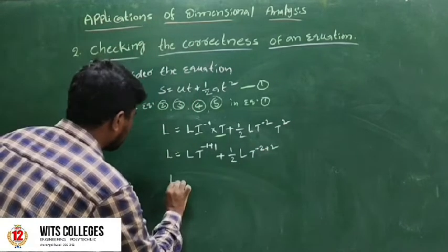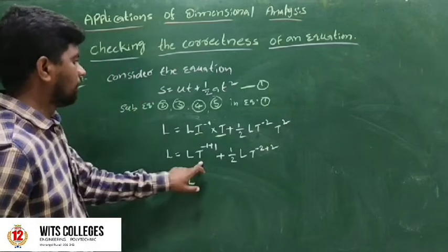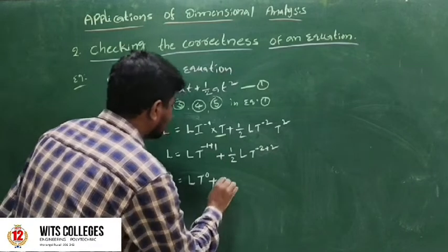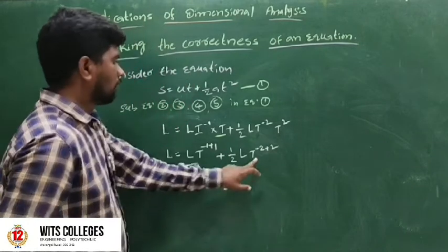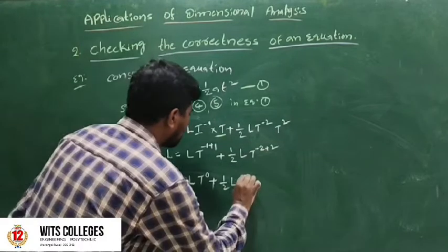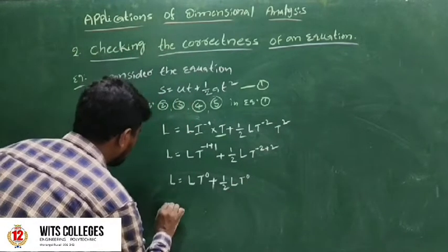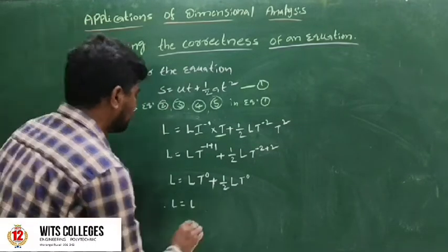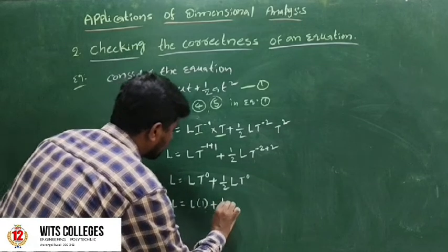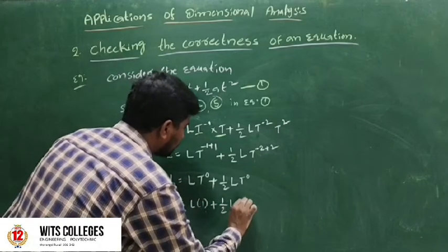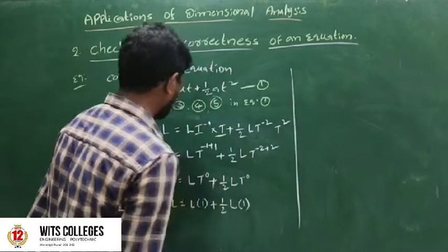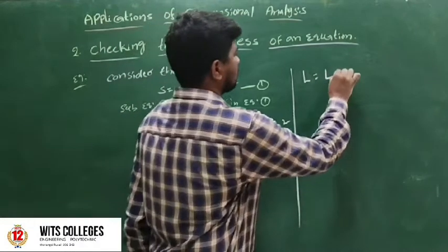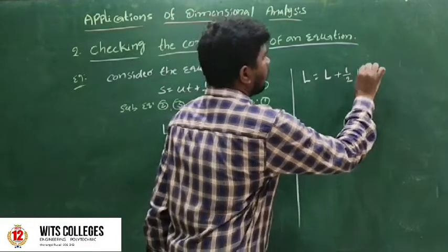So L equals L T^0 plus 1/2 L T^0. T to the power of 0 equals 1. Next, L equals L into 1, plus 1/2 into L.